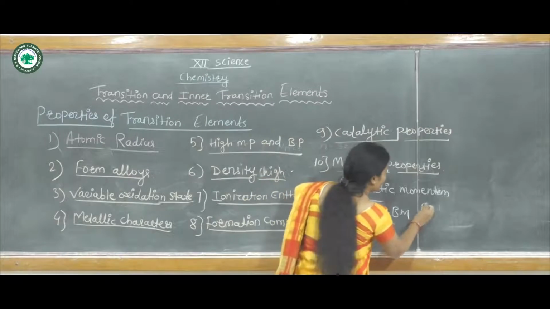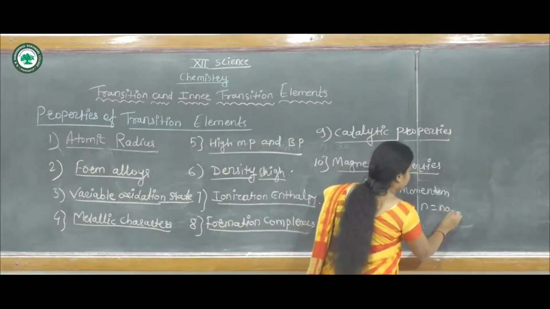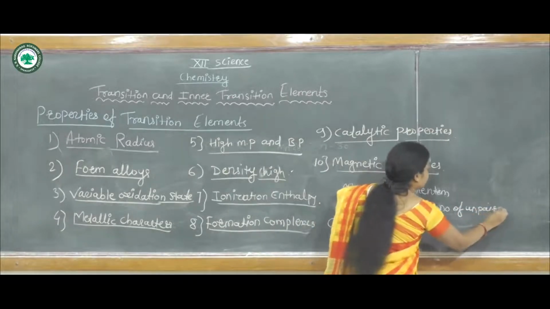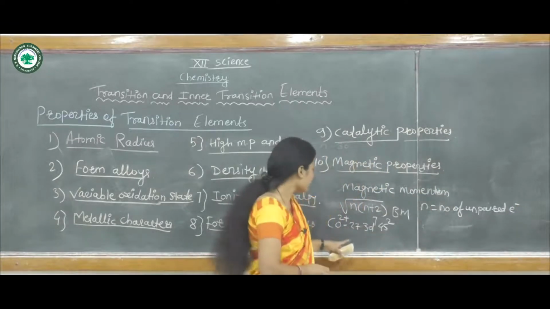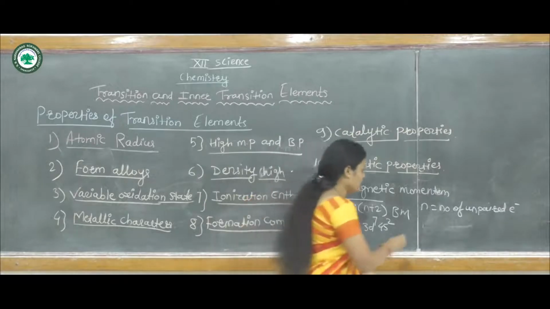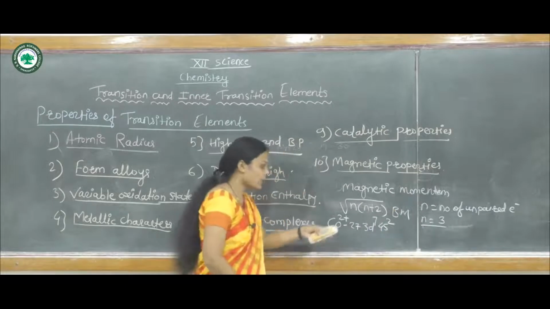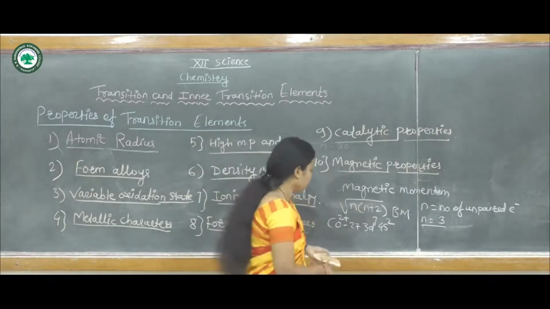Here n means the number of unpaired electrons. How many unpaired electrons are present in the cobalt 2+ ion? It is 3, so n is equal to 3. Then we can substitute this value in the magnetic moment formula.